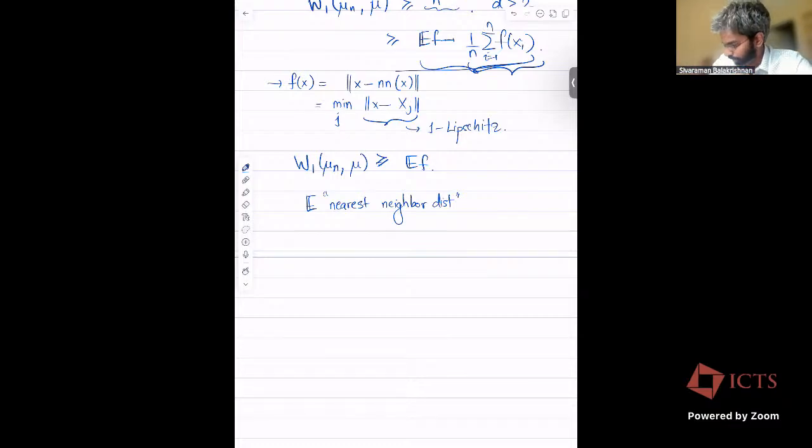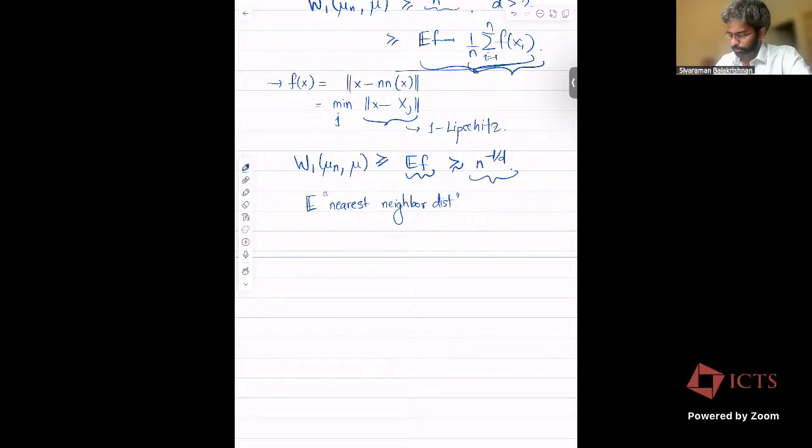There's some standard argument that one can use, and you can calculate this fairly precisely, but for us, we'll just care about the intuitive argument: if I thought of a uniform sample as roughly like a grid, then every point would be about n to the minus 1 over d from its nearest neighbor. So the expected nearest neighbor distance, in fact, does scale like this.